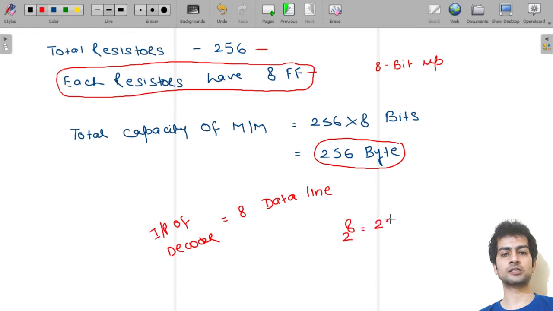Our total combinations will be 2 to the power 8, that is 256. We have discussed all this in earlier lectures. And what will be its range? In hexadecimal, it will be from 00H to FFH.